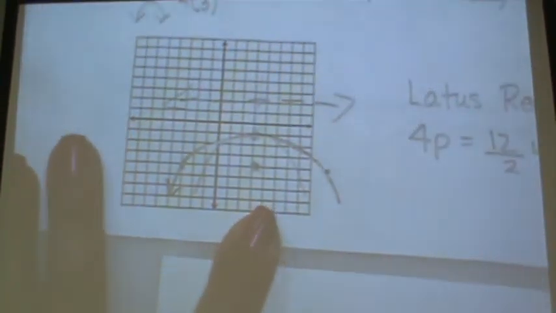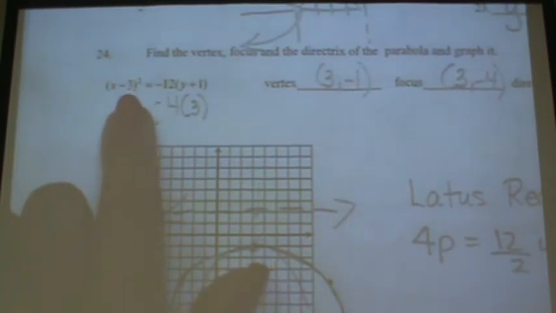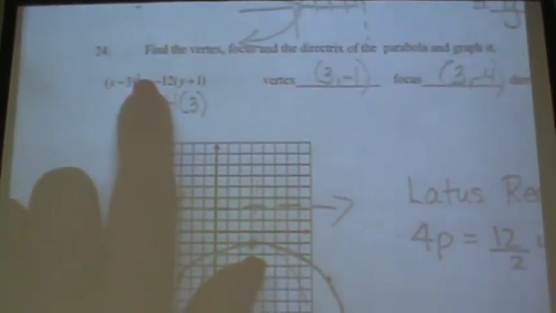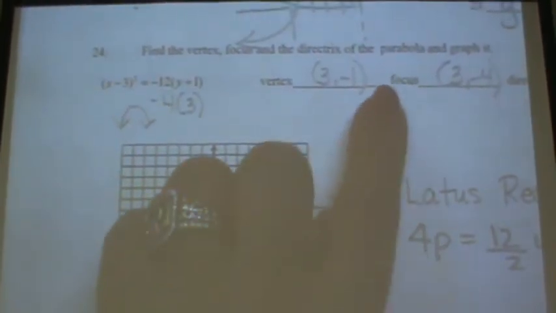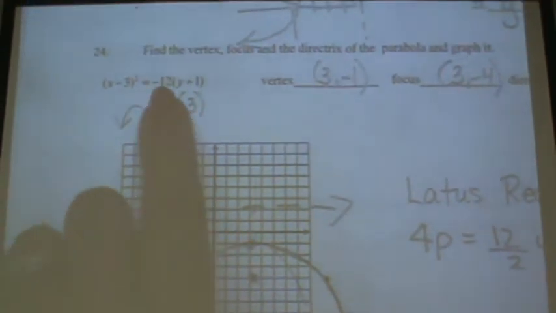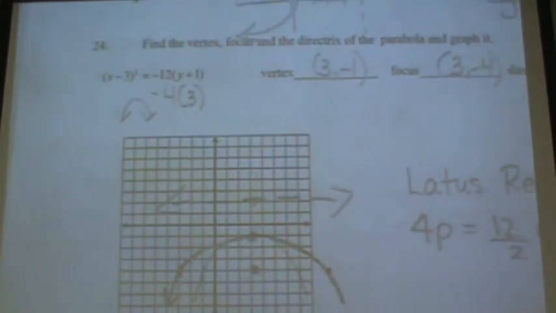That's your focus. Wait, how do we know it's upside down? How do we know that the graph's upside down? If it's x squared, it's up. If that's negative, it's down. So here are your 4 orientations. If it's x squared equals 4py, it looks like this.